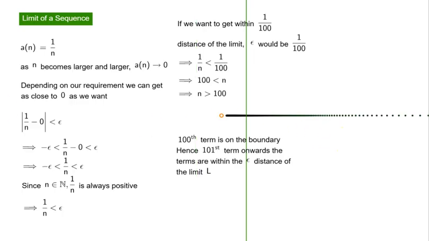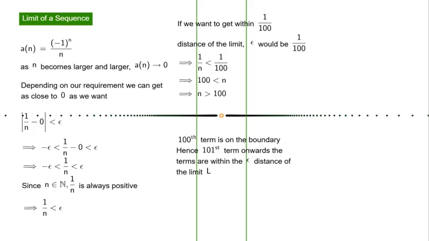But if we had some other sequence, let me just draw it, minus 1 to the power of n divided by n. So this is how it will look. Now the rest of the discussion doesn't have anything to do with this particular sequence. But now we need to show the negative epsilon also.